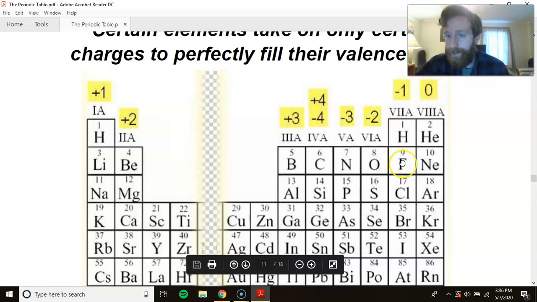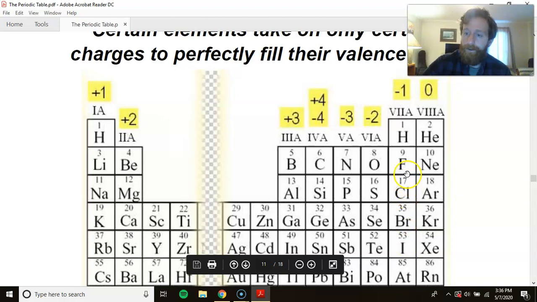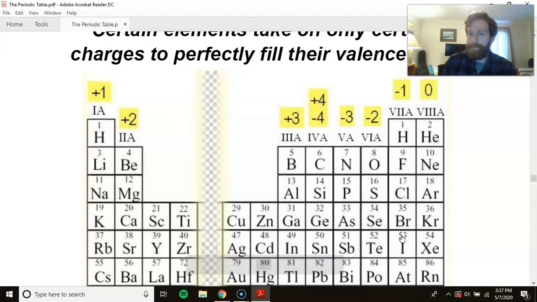And then lastly, fluorine, chlorine, bromine, and iodine, they all have 7 valence electrons, so they're only 1 away. They only need to gain 1 negative charge to get to 8, and that's far easier than it is to lose all 7 to go back to the nearest noble gas.